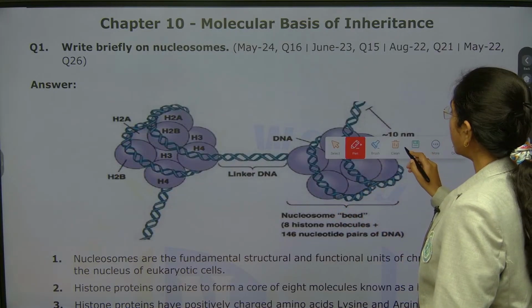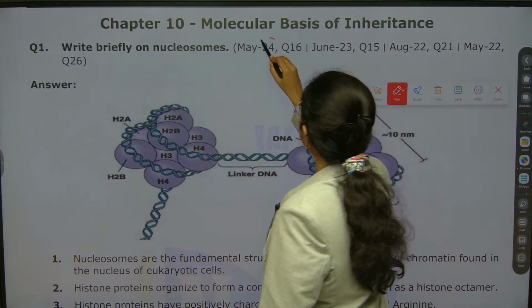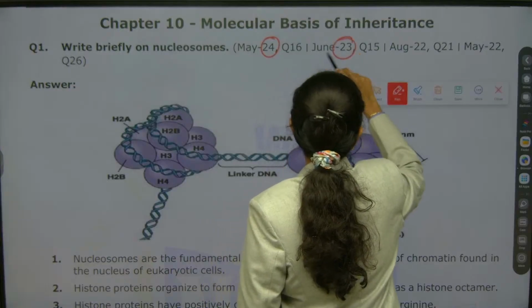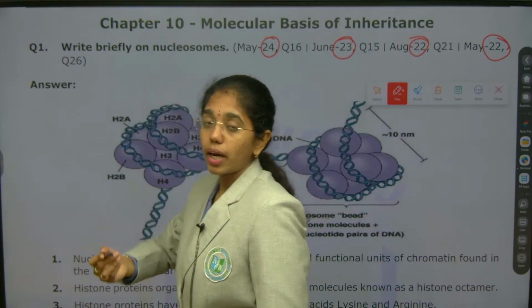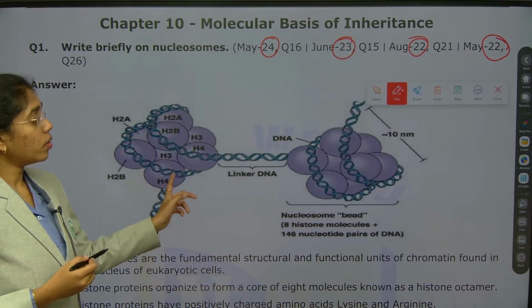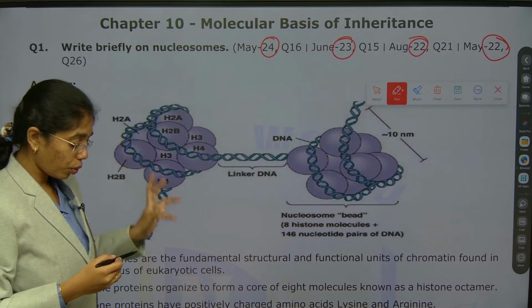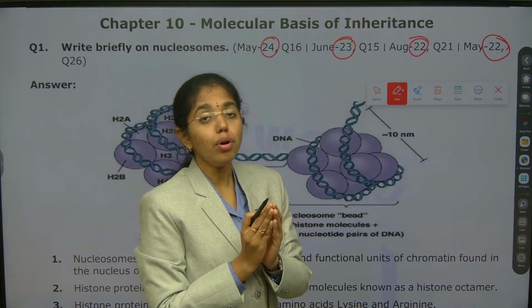This question has appeared in multiple years: June 2024, 2023, 2022 and May 2022 as well. Here the negatively charged DNA is wrapped around positively charged histone proteins. As such, the chromatin material gets condensed to chromosome.